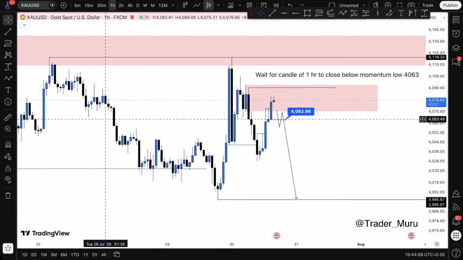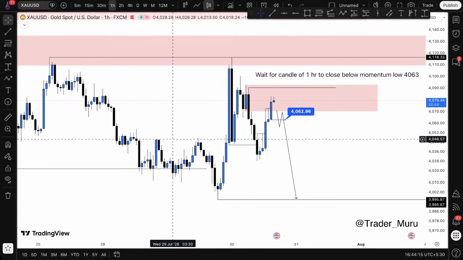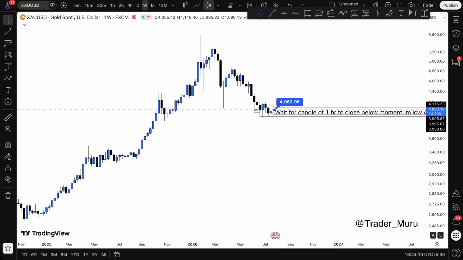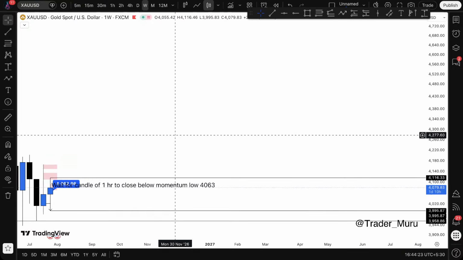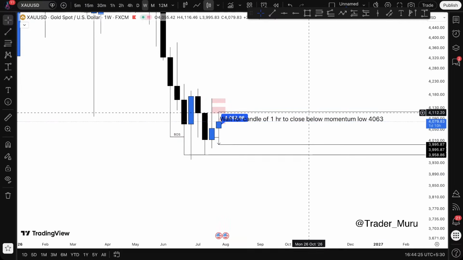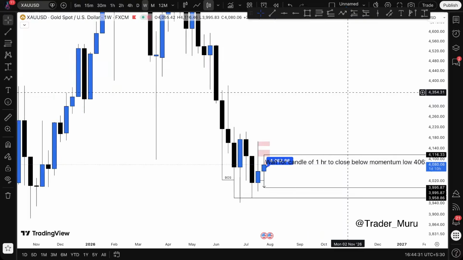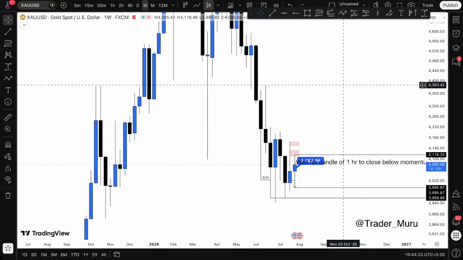Sir, with the current market structure, when will we have to turn bullish bias according to you? If we have a weekly candle close above 4112, then we will turn a little bit bullish till the area of 4380.